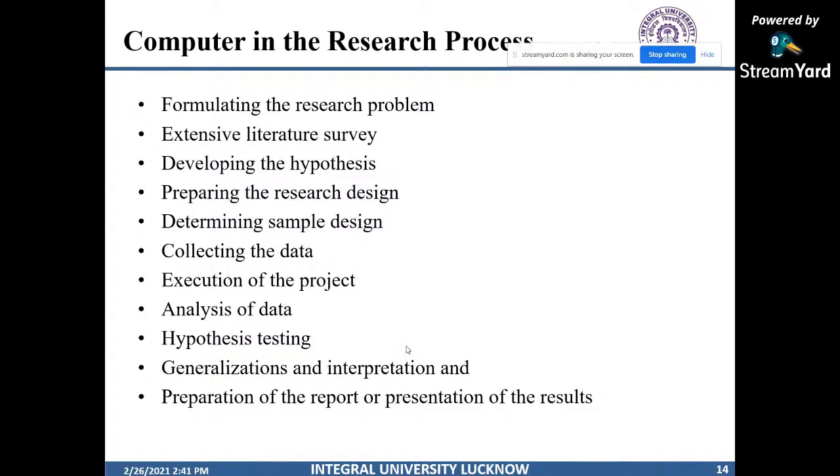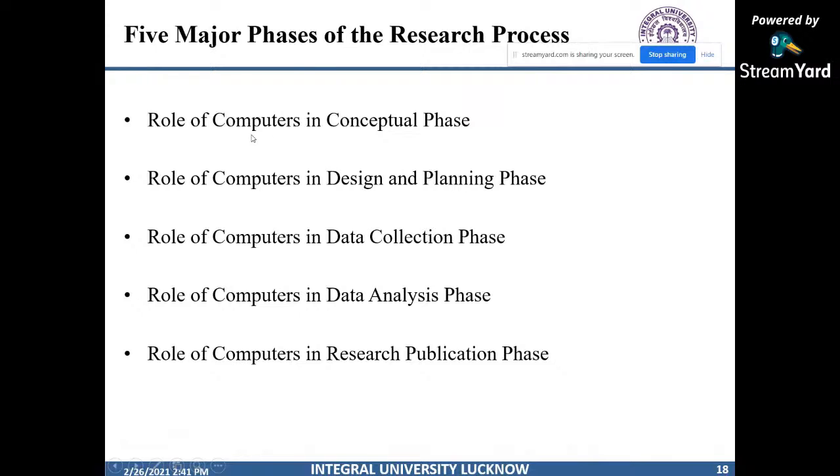I'll be talking about these five phases in reference to these steps. The conceptual phase consists of formulation of the research problem, extensive literature survey, theoretical framework, and developing the hypothesis. And how will you be using these computers in the extensive literature survey or literature review?